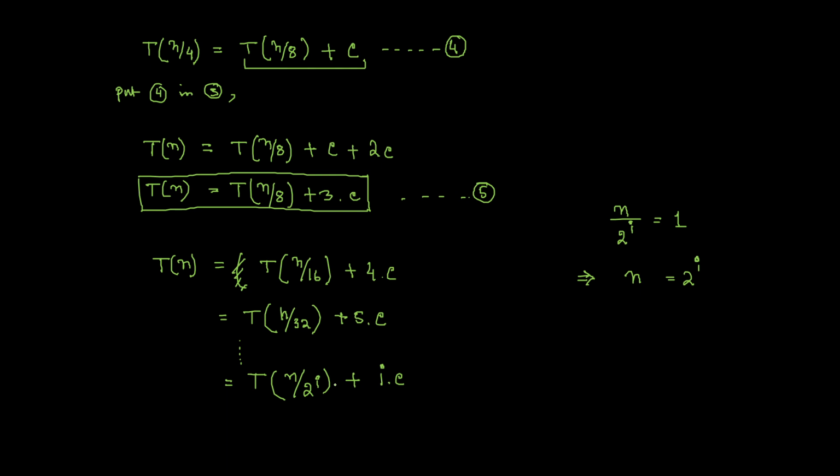I don't know. So I have to find out what i is equal to. How can we do this? If I put a log on both sides, this will become i log 2. Obviously log is base 2, so it will become equal to i. So i will be equal to log n.